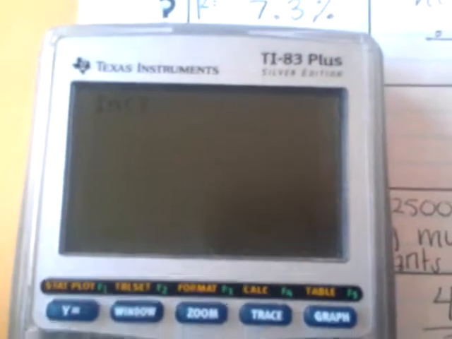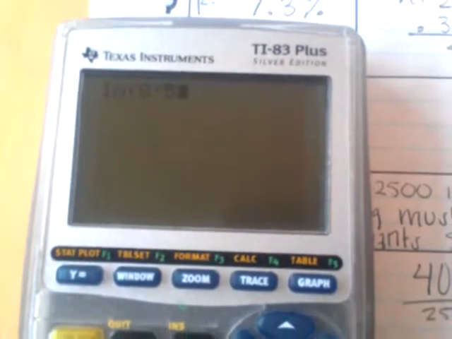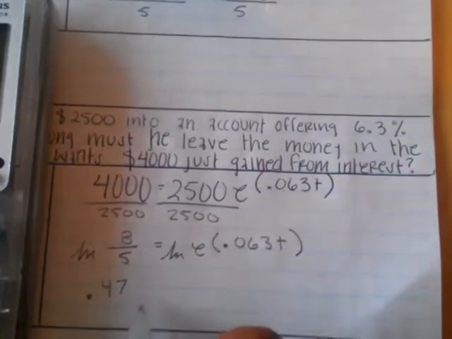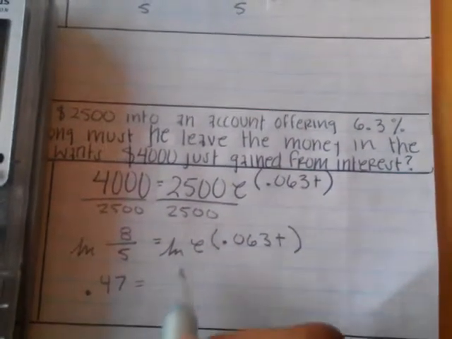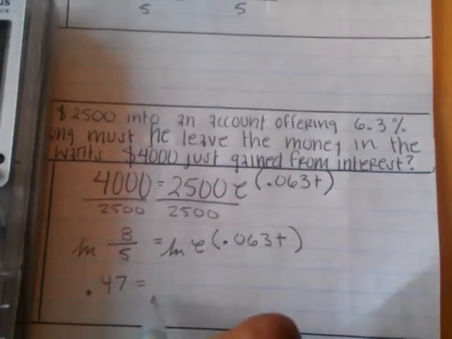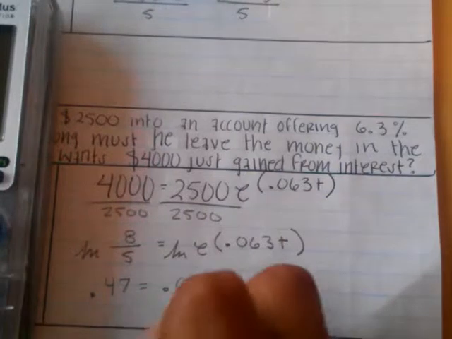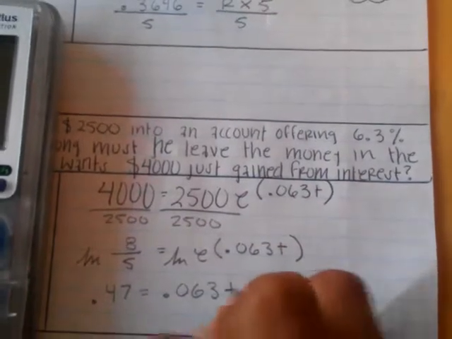Take the natural log of both sides. So the natural log of 8 over 5 is 0.47. Like I said before, the natural log of e is just 1. So you're just left on this side with 0.063 times t.